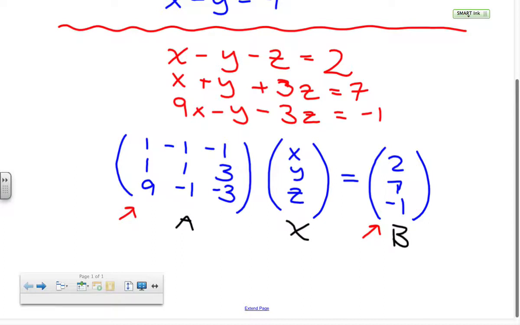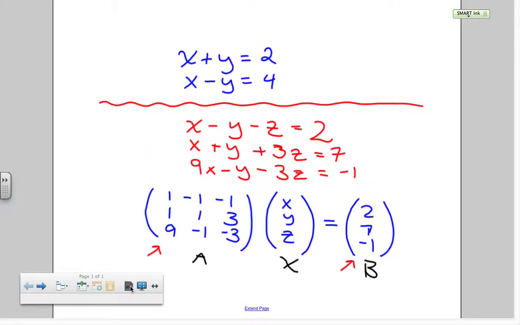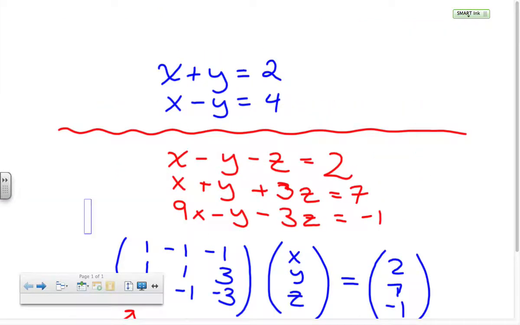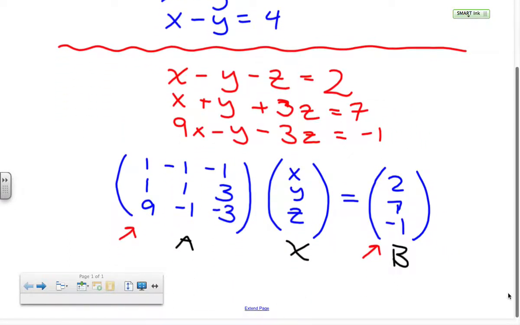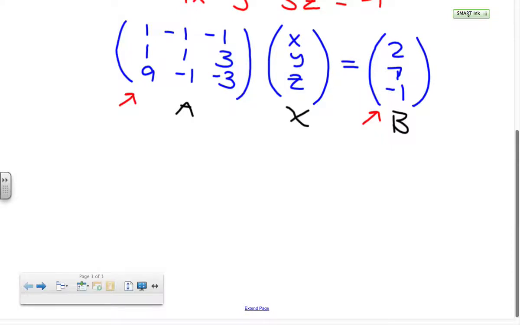Now I want to show you why this works. If I take this as A times X equals B, and we know these are all matrices, and I multiply both sides by the inverse of A, A^-1, I have to do it in order.